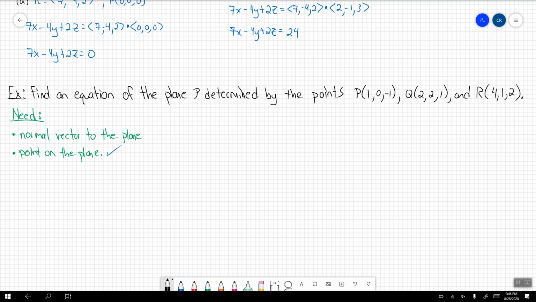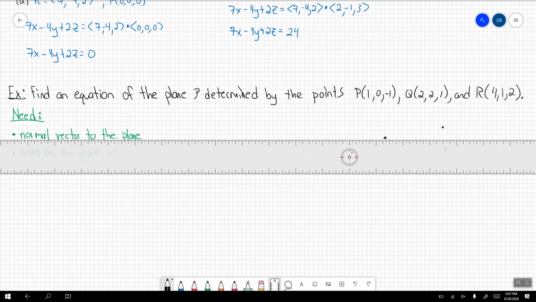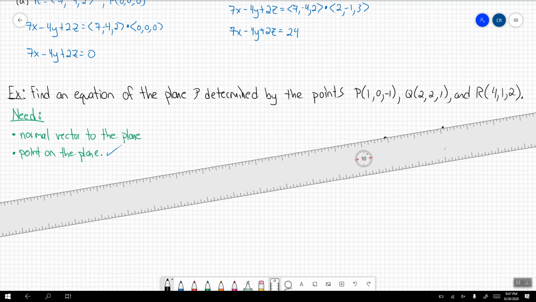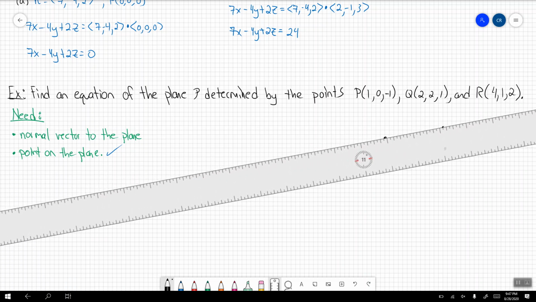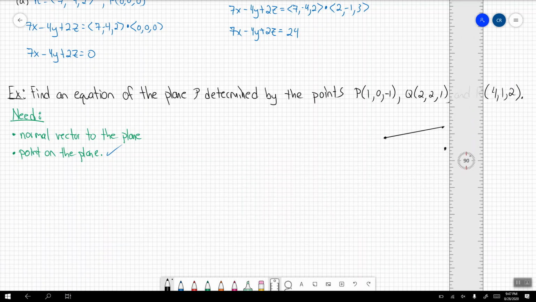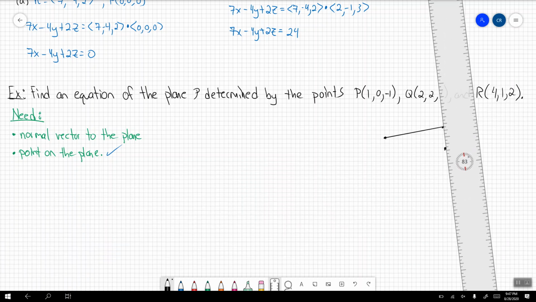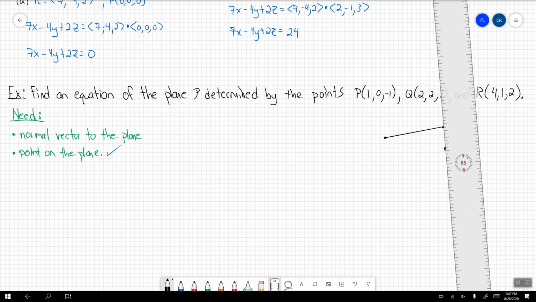Now, for the sake of argument, let's say I look at my points like this. On screen I just drew 3 random points. So say that I had one vector and another vector here, as such.